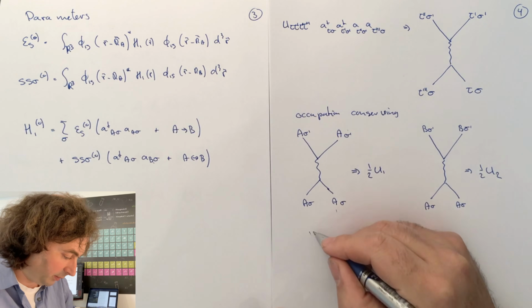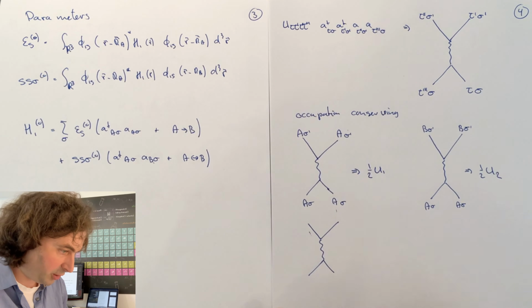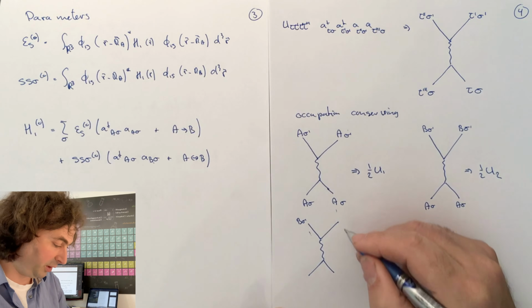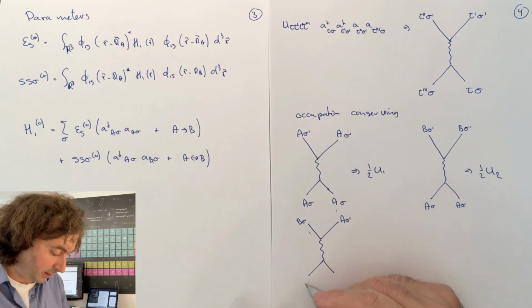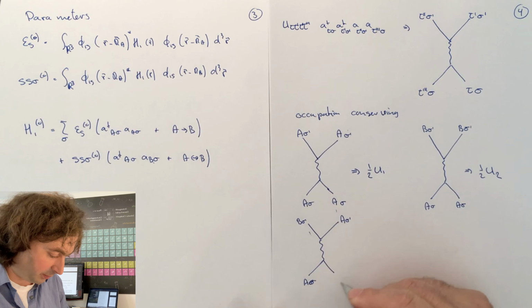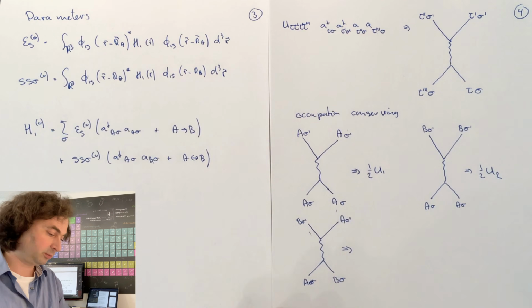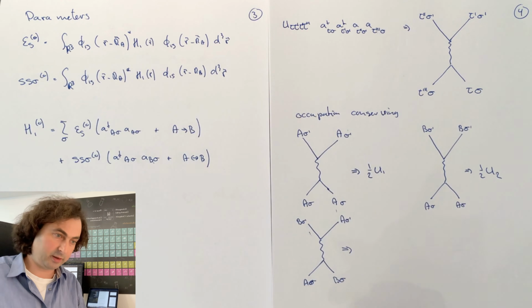Now there is one more diagram that we can draw that conserves the occupation. And we will start by saying that an electron from side B scatters to side A, and simultaneously an electron on side A with sigma scatters to B. Now I say simultaneously within the Schrödinger equation. It is of course simultaneously.